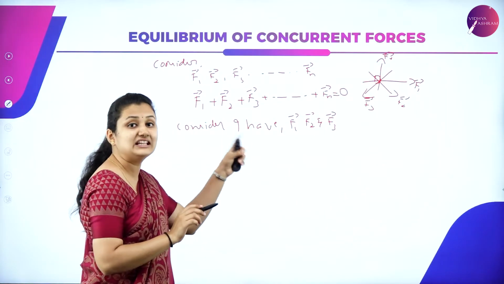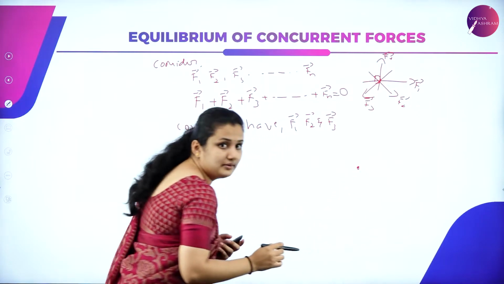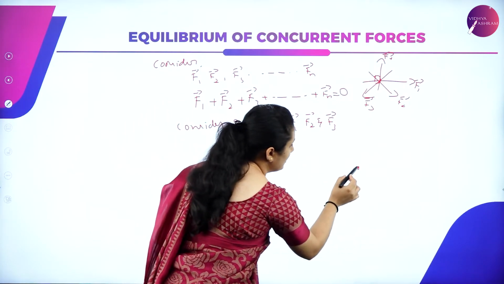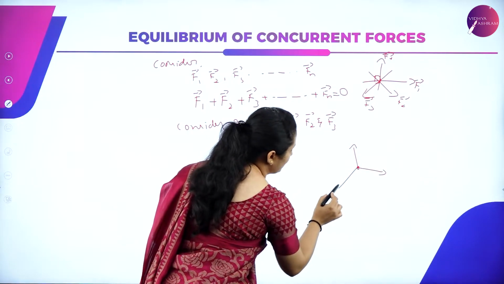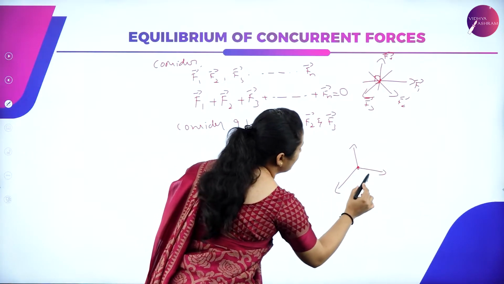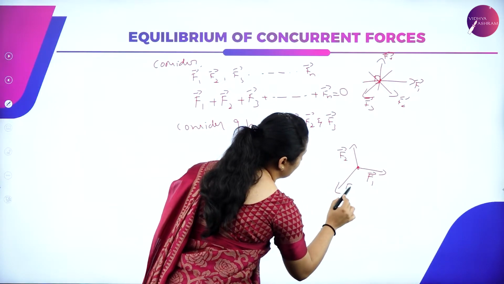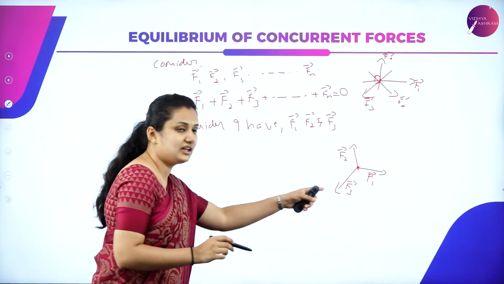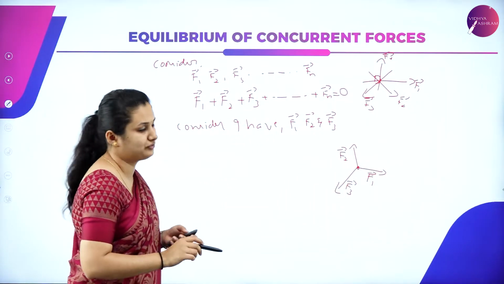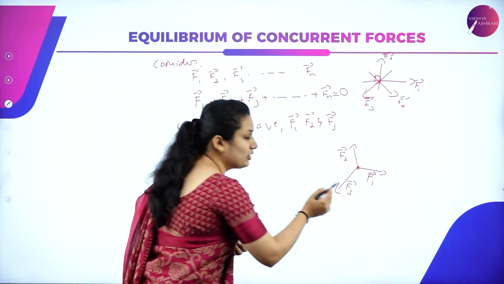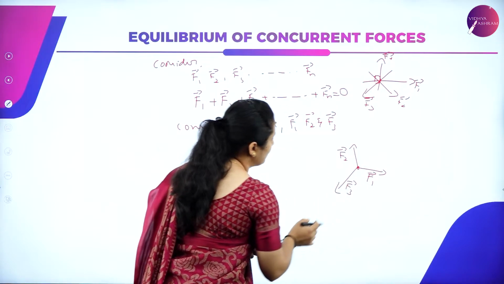I have an object which is acted upon by 3 forces at the same point, F1, F2, F3, at a common point of the object. So these are the 3 concurrent forces.